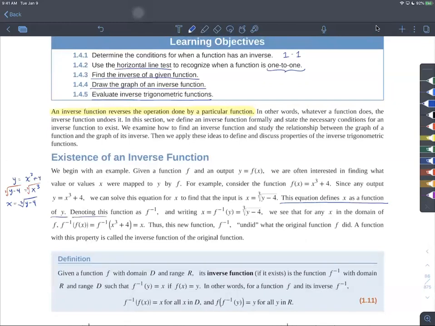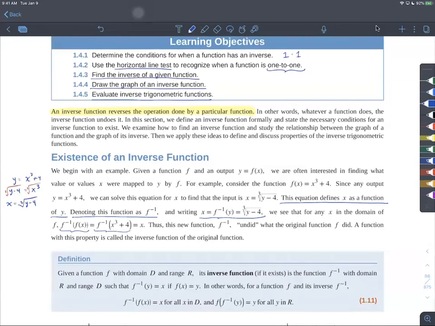Okay, now notice that this defines x as a function of y. Denoting this function f inverse, and writing x equals f inverse of y equals the cube root of y minus 4, we see that for any x in the domain of f, f inverse of f of x, which is f inverse applied to x cubed plus 4, is equal to x.